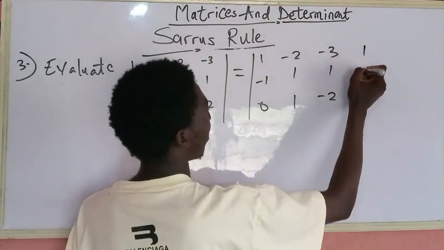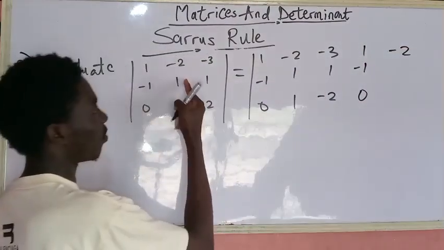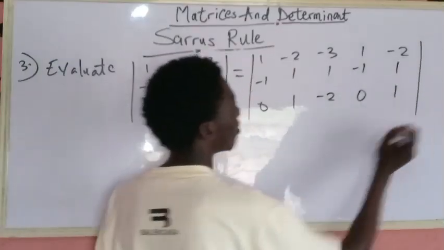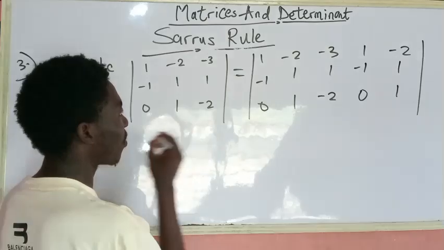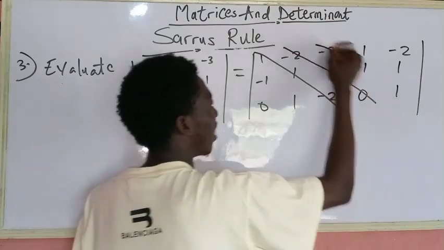And that will be 1 minus 1 and 0, and minus 2, 1 and 1. So I now have 5 columns. Then do it. So first diagonal, second, and third.